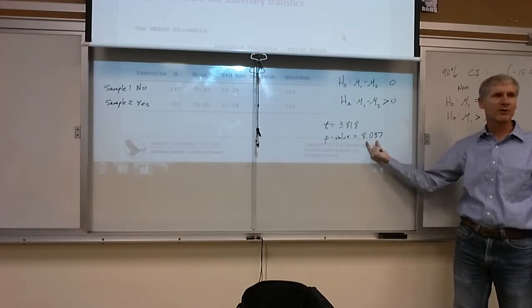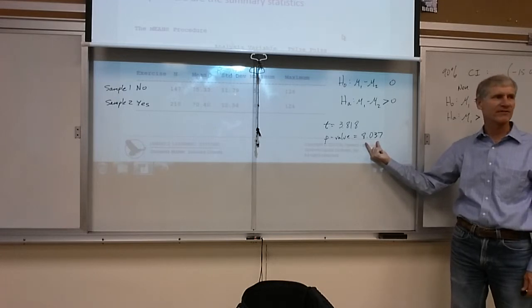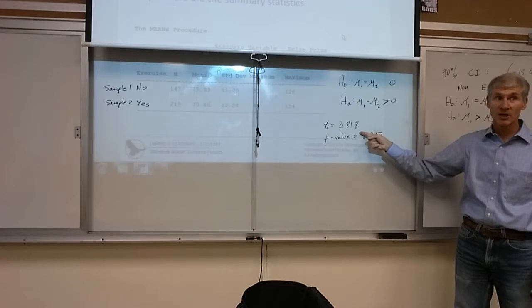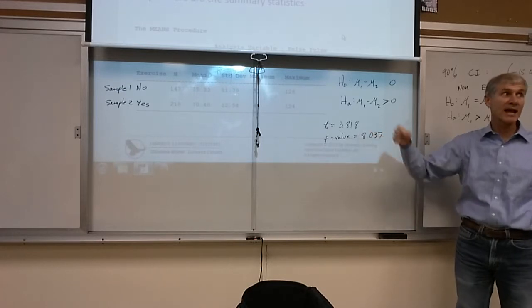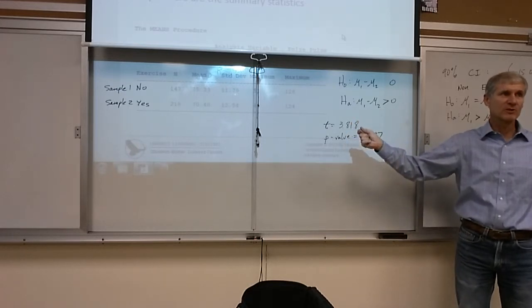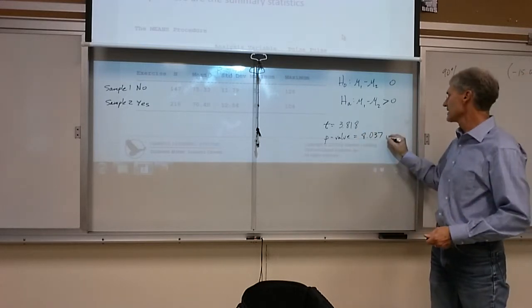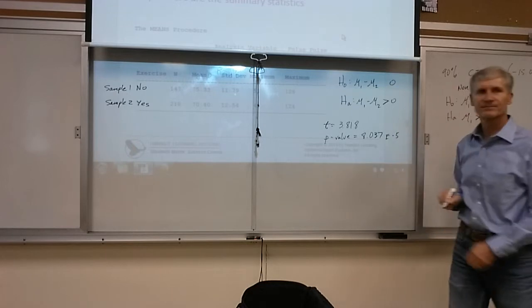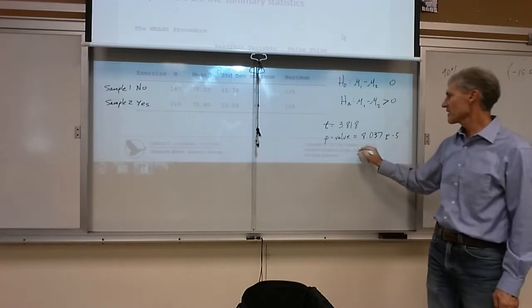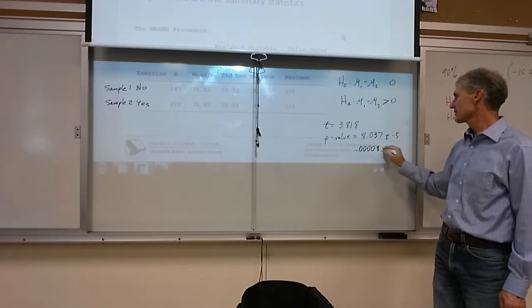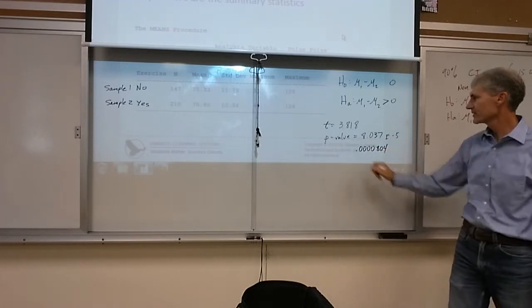Well, this is bigger than 0.05, so I do not have sufficient evidence. But if you understand what a test statistic is, you should already know, ooh, I'm going to reject the null. I'm way out in the tail, so my p-value should be really, really small. You'll catch that mistake and go, oh, wait, there's an e minus 5 out there. So that p-value could be written as 0.0000804 rounded.